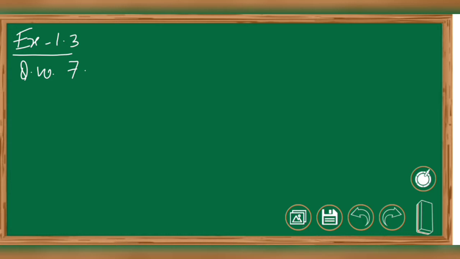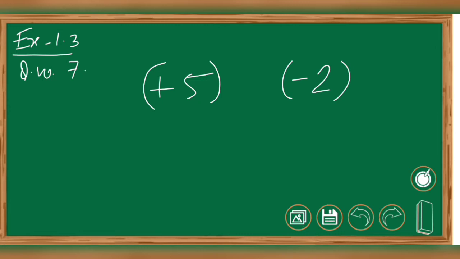For each correct answer he is getting plus 5. For each wrong answer he is getting minus 2. Now Mohan has done 4 correct answers and 6 incorrect answers.